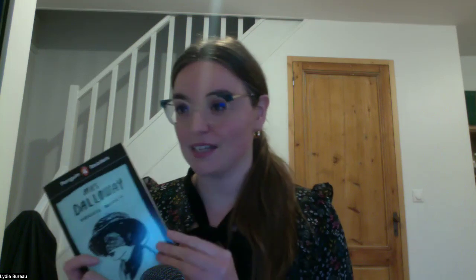So this writing style is called the stream of consciousness because it shows the thoughts running through someone's mind like a stream or like a river. It really flows like that in the text.